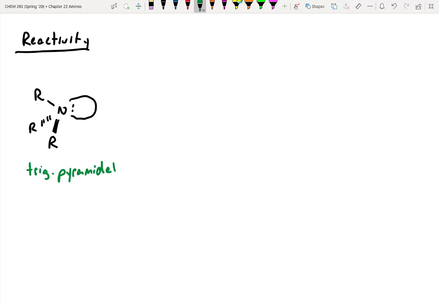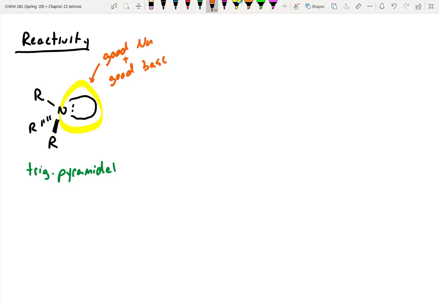Because of that, this lone pair is sticking out in space, making it a really good nucleophile. It's also going to be a good base. We've seen nitrogens used as bases a lot in general chemistry, specifically ammonia, and it's because nitrogen, when it has that positive charge and forms its conjugate acid, is somewhat stable.